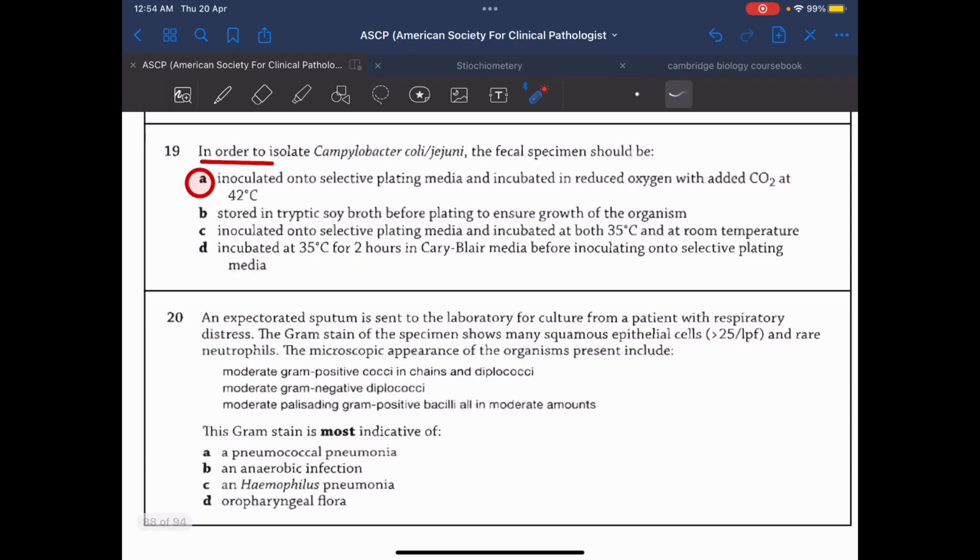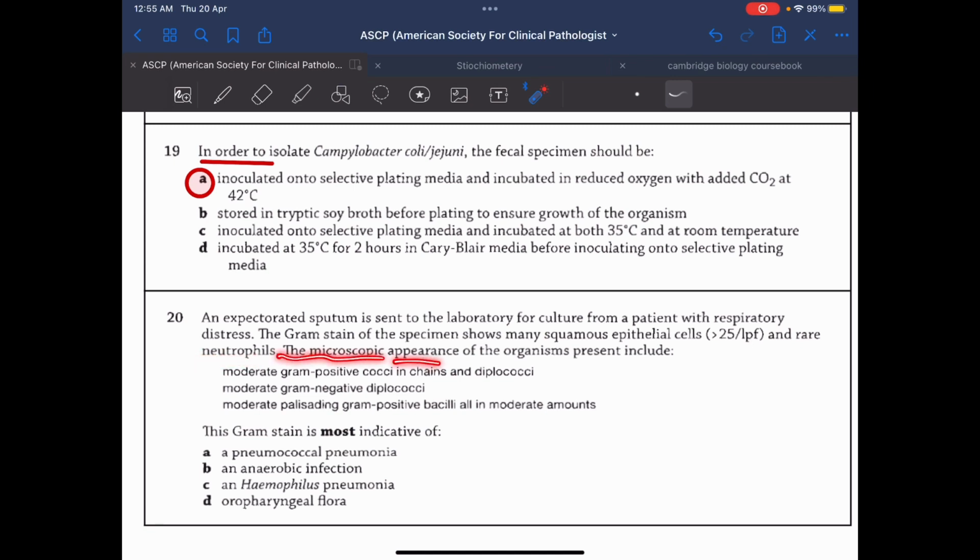Question number 20. Sputum is sent to the laboratory for culture from a patient with respiratory distress. The gram stain of the specimen shows many squamous epithelial cells, more than 25 per low power field, and rare neutrophils.